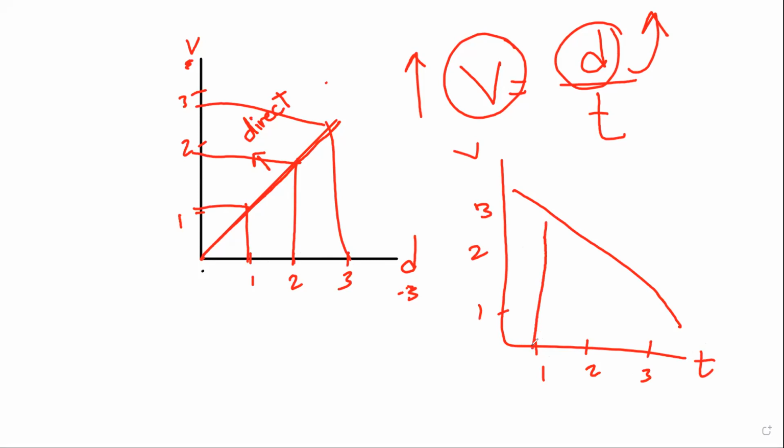When the time increases, the velocity decreases. Time increases 1, 2, 3 while the velocity goes 3, 2, 1. So this one is inversely proportional. Did you take these things in math before or not yet? Not yet.